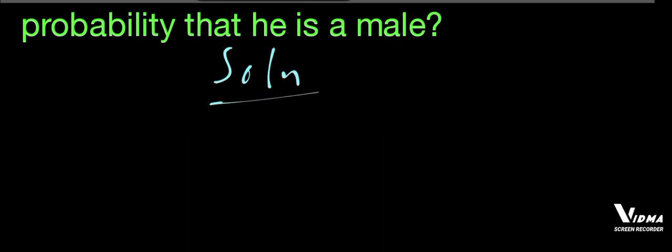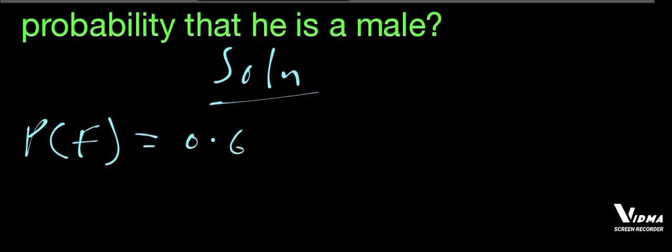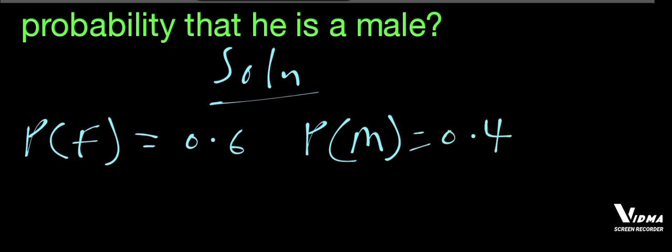So we are saying in a particular school, 60% are females. So the probability of having a female is 0.6. And 40% are males, so the probability of being a male is 0.4.